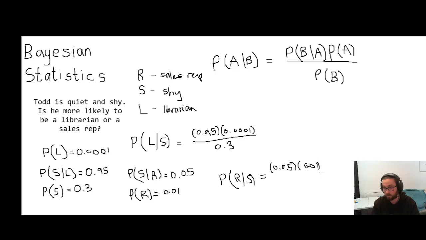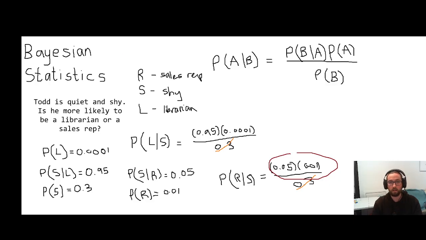Now it's just 1%, and it's still being divided by 0.3. So you can see how this 0.3, the probability of being shy, doesn't really matter. If we're comparing these two values, we can just forget it. What we're really comparing is this to this. And you can see that, of course, this here is bigger, even though this value is a lot smaller, because this value has way more of an impact, right? Because it's 100 times this value.